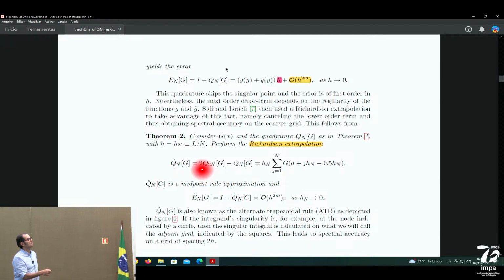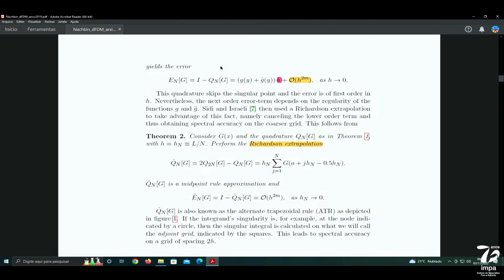You multiply by 2 the one with the smaller h, subtract this one, you get this formula here, and you get a higher order method. And that's the alternate trapezoidal rule. Okay? So to help you, I made myself a note from Wikipedia. I was looking for where you can find an easy reference to Richardson extrapolation. So I'm going to write it on the board now.